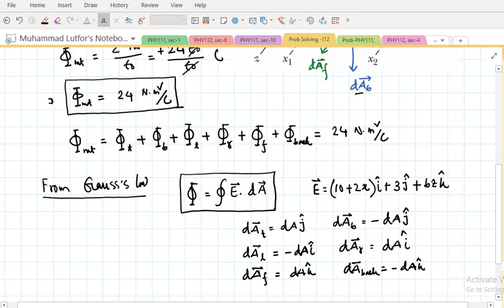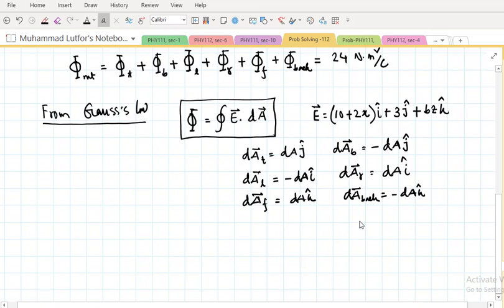So this would be basically the area vector in terms of unit vectors.